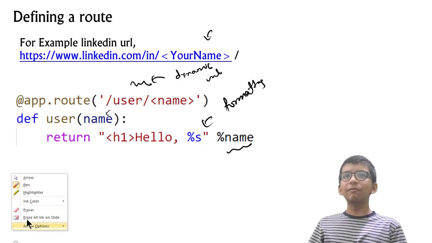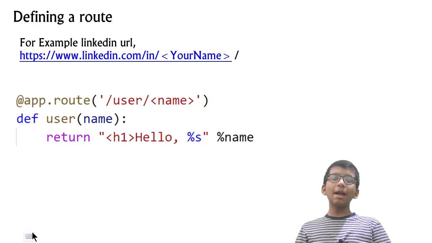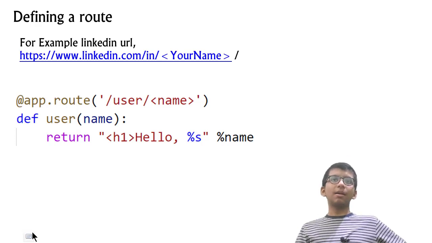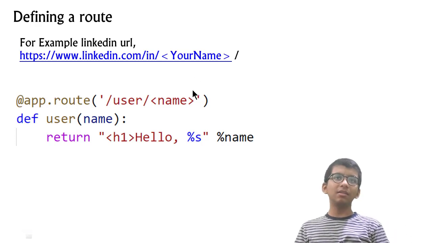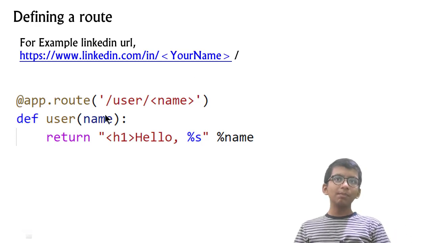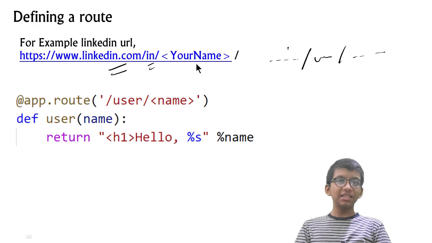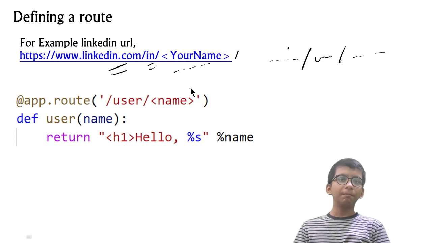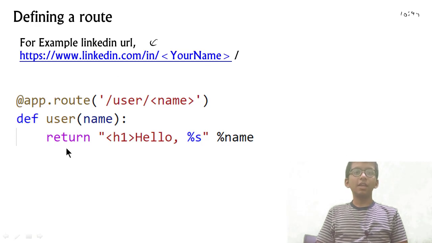You have seen this kind of thing in your journey, using app.route, something like this. It simply defines the parameters, like after linkedin.com, then user, then your name. I've shown you here LinkedIn, then in means India, then your name. Okay, no worries. That we define user and then your name.